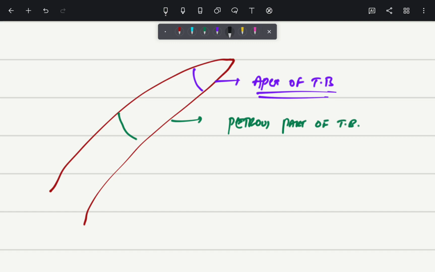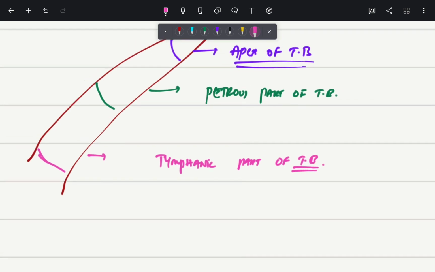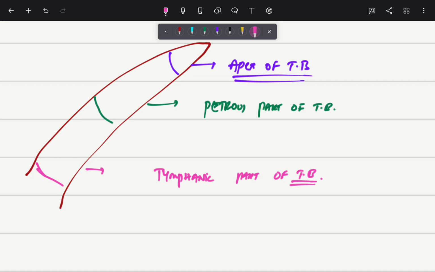And finally we have the lowermost one, the tympanic part of the temporal bone. So the temporal bone is divided into three parts: the apex, the petrous, and the tympanic part.